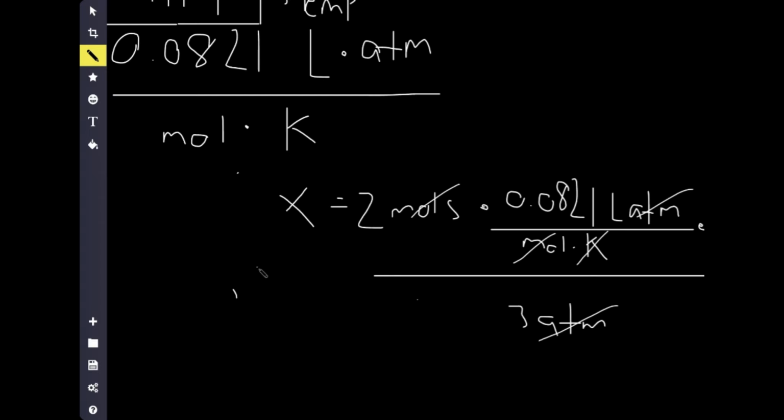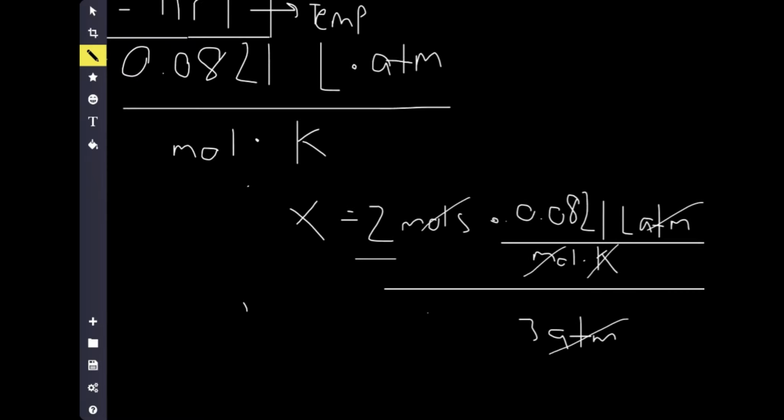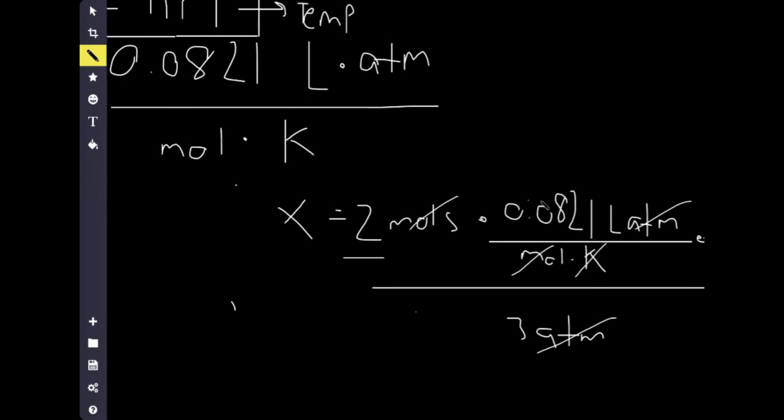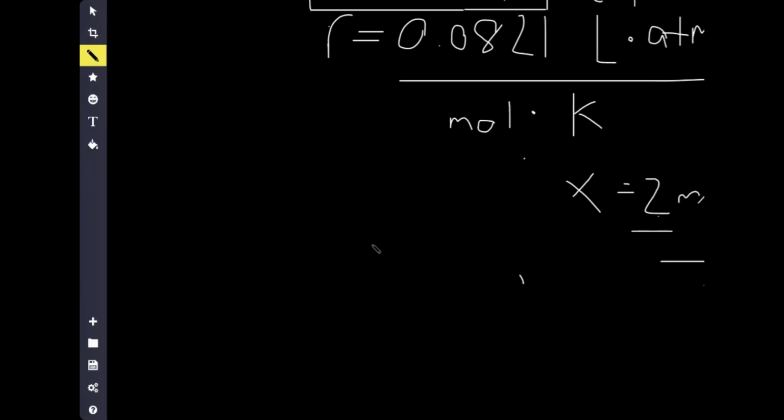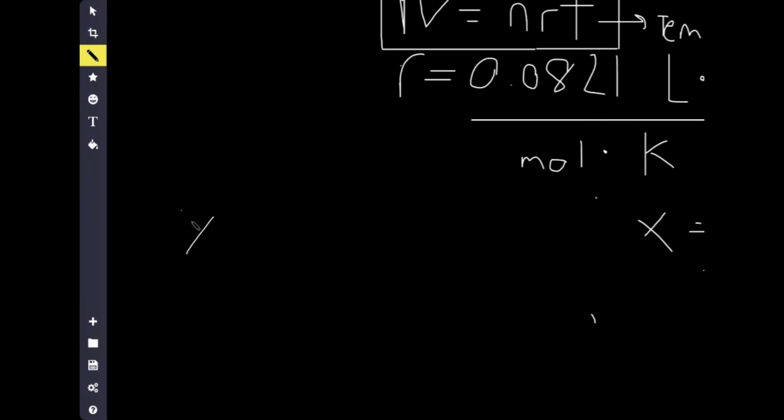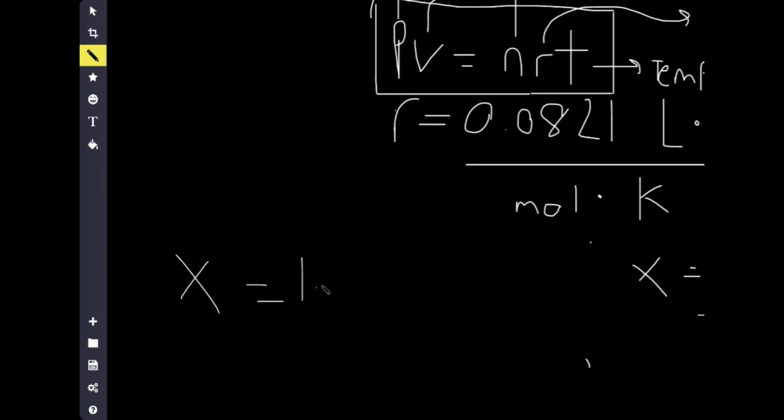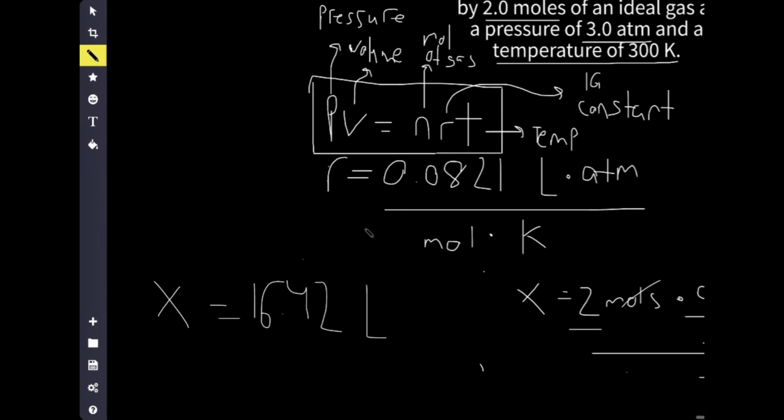So now this is just a matter of calculator. So 2 times 0.0821 times 300, and then that's going to equal 49.26. I'll divide all that by 3, and for your final answer, you should get that X equals 16.42 liters.